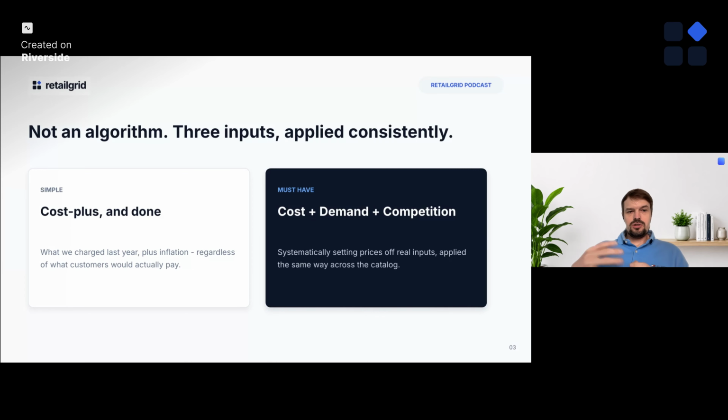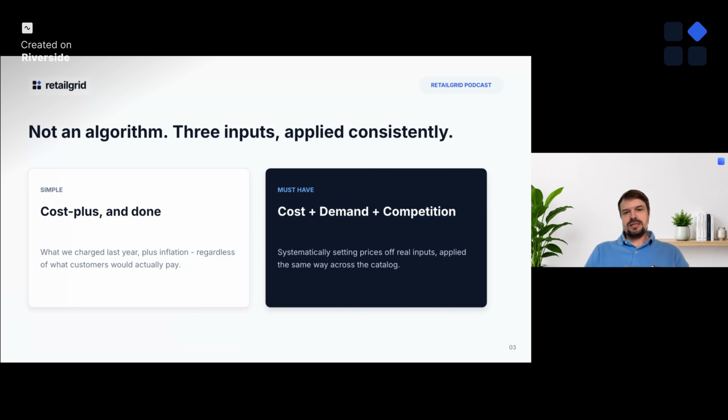It's called cost plus, right? We have cost plus our margin, and we set the price. This is a very simple approach, and it's a starting point. In reality, pricing is slightly more complicated. Cost plus is the baseline.